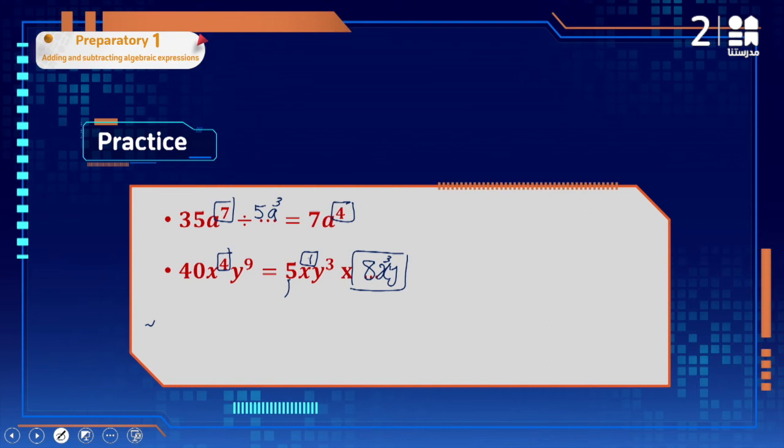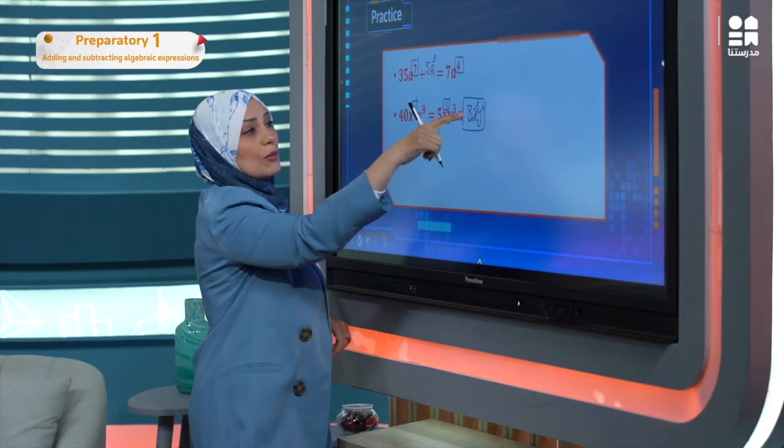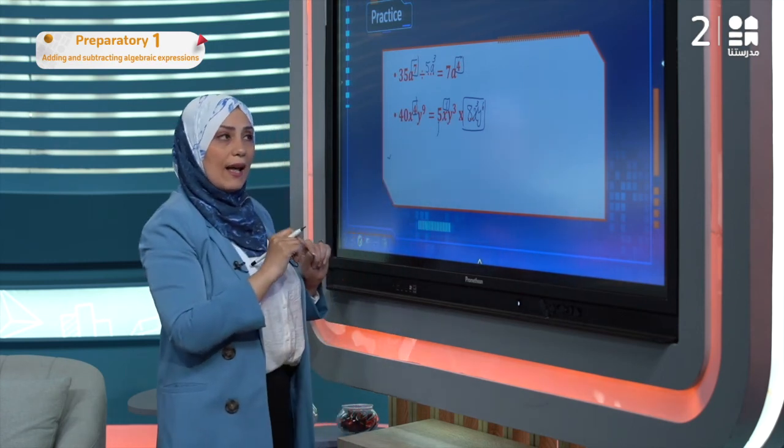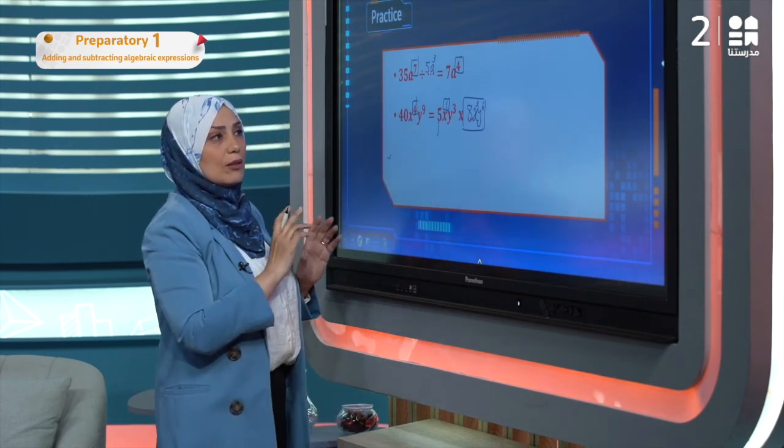Here the answer is 9 and the first factor is y to the power of 3. So 3 plus what is 9? 3 plus 6. Take care, don't write y to the power of 3. When we multiply, we will add the exponents, not multiply them.